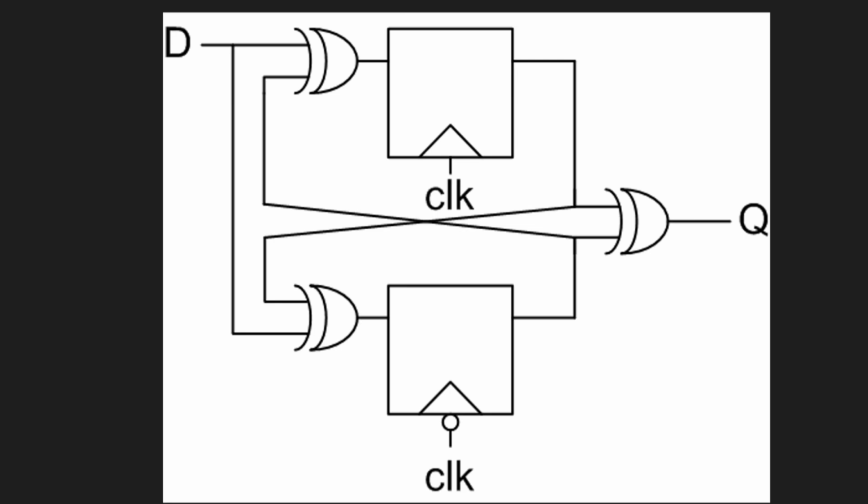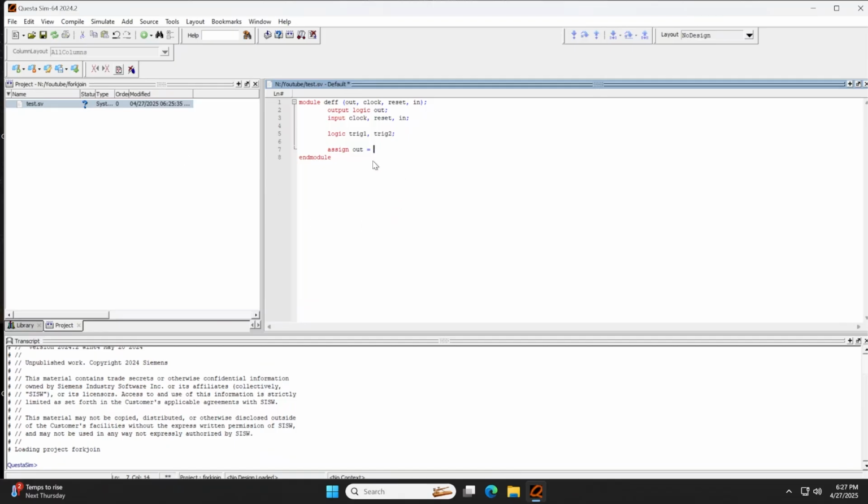So let's go back to QuestaSim. I will just do the XOR between trigger 1 and trigger 2. Okay. Now I will write the always block for each of the flip-flops.